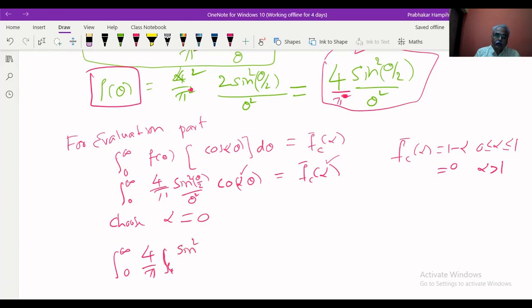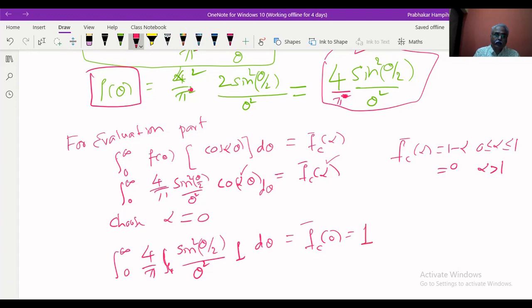So alpha equal to 0, 4 by pi sin square theta by 2 over theta square. I'll take a small liberty here: this 4 also I can transfer afterwards to this side. At present, theta square, alpha equal to 0 it becomes 1, and d theta as it is, and fc bar of 0 is 1 minus 0, which is 1.